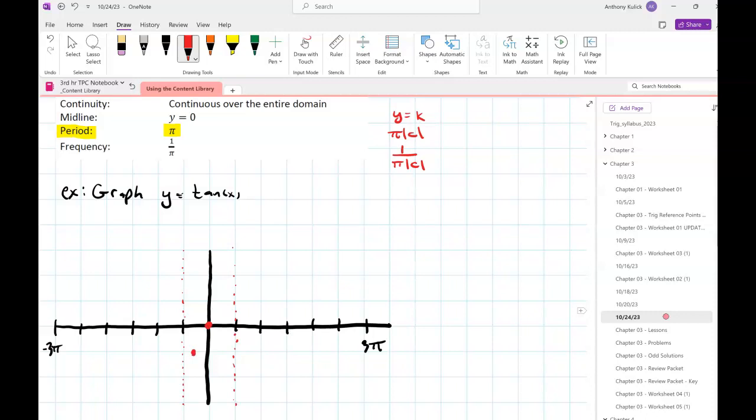At 0, we were 0. And at positive pi over 4, we're positive 1. So when I connect our graph, it kind of looks like that. Everybody's okay with that?